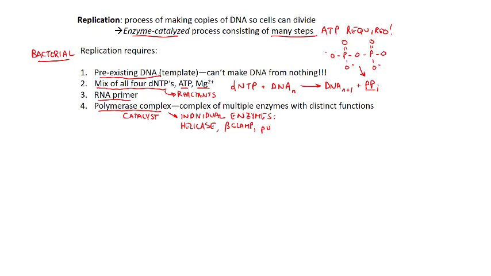We have DNA polymerase 3, abbreviated Pol 3, DNA polymerase 1, primase, and DNA ligase. There are some other accessory proteins in the complex along with those, but those are the critical enzymes that we actually need for replication in bacteria. And what they actually do, we'll talk about in a moment.